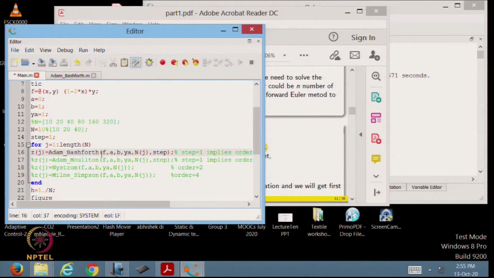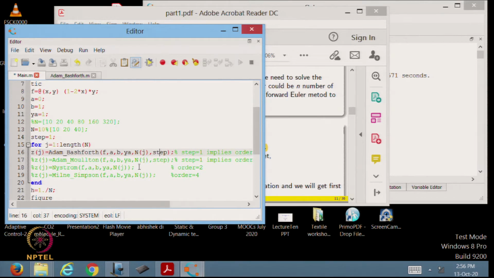I will explain the meaning of each argument later on. The meaning of f is clear to you. A is the initial point, b is the point where you want to compute your solution, that is the final time, and n j is the total number of grid points, the mesh size, based on which you can also define h.